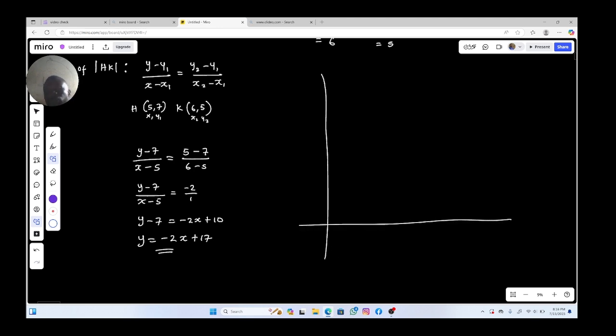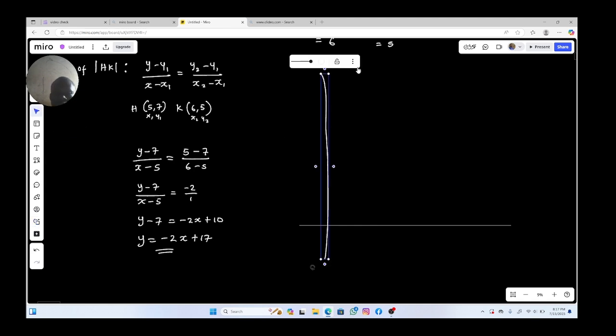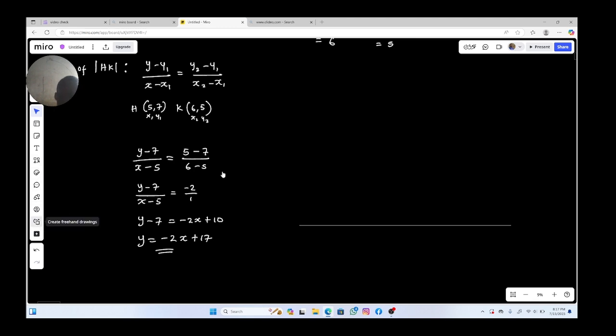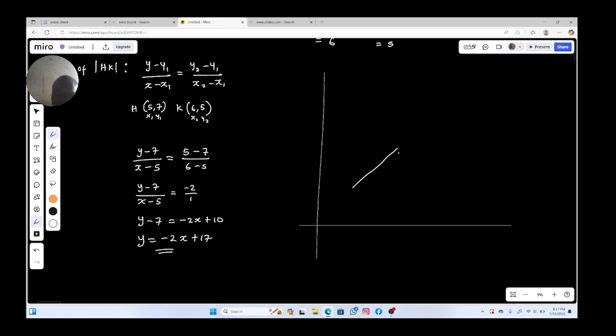Then I'll have this one. Okay, so this is our axis here. Instead of redrawing that triangle, let me assume this is the triangle.